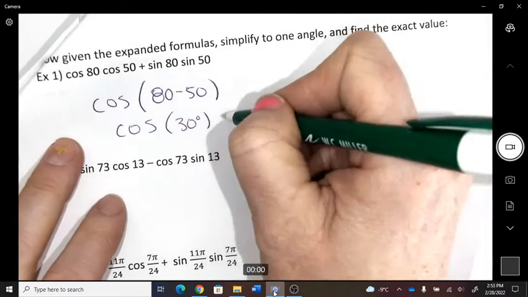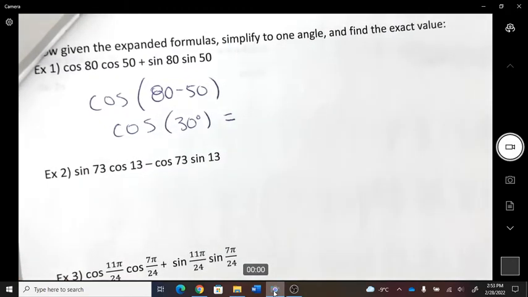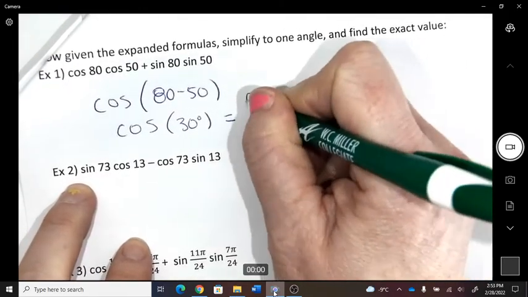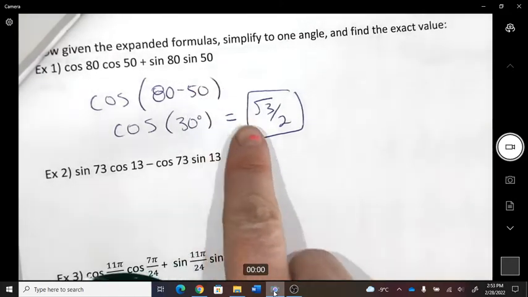And what is the cos of 30? So looking at your unit circle, when you look at 30, what's the x value? That's your answer. The whole thing or just one side? That's it.